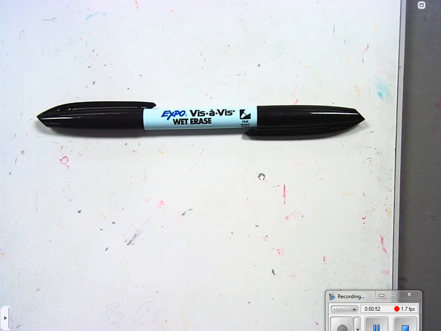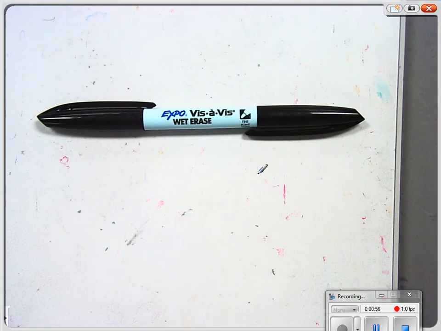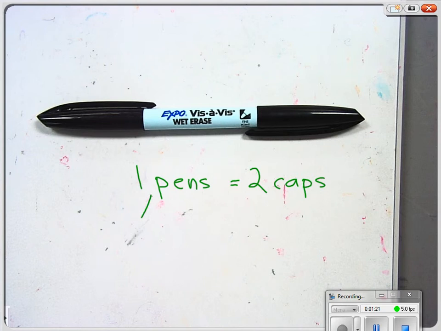So the mole ratio of pens to caps, pens equal caps, and 1 pen is the number over here, and 2 caps is the number over here. That's pretty easy, right? That's not real challenging.